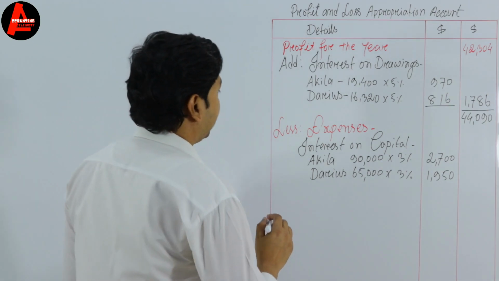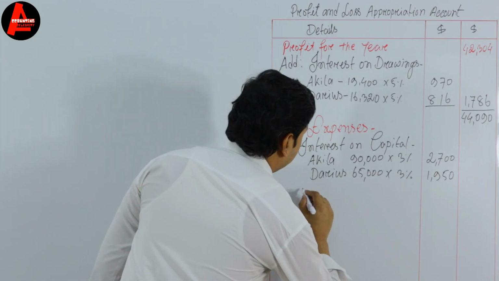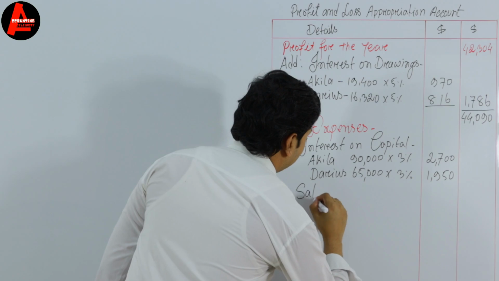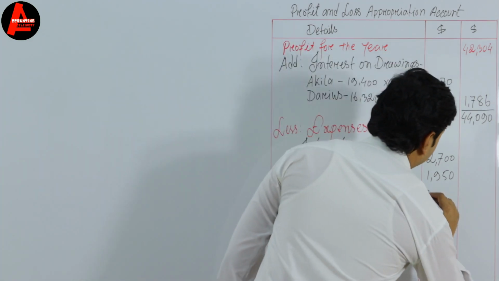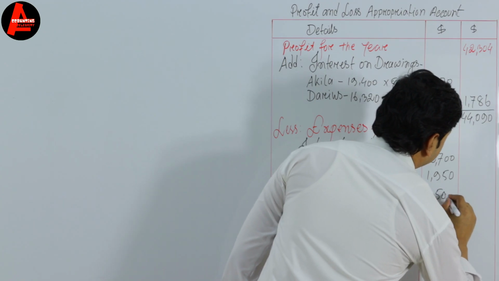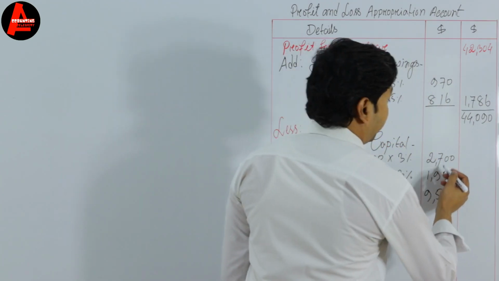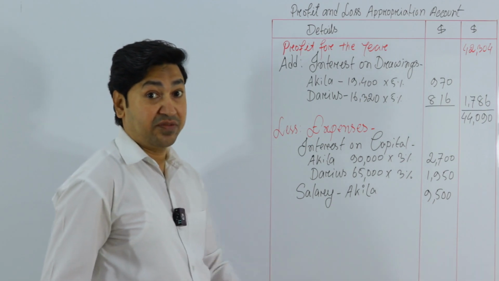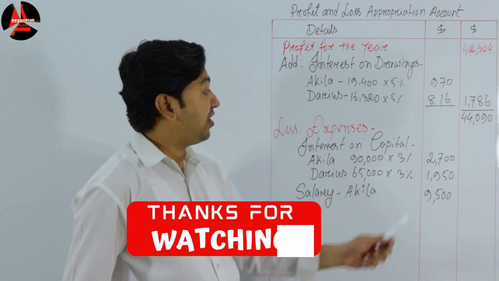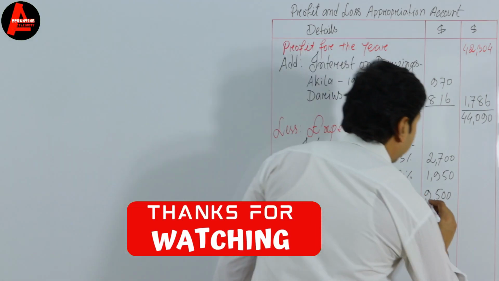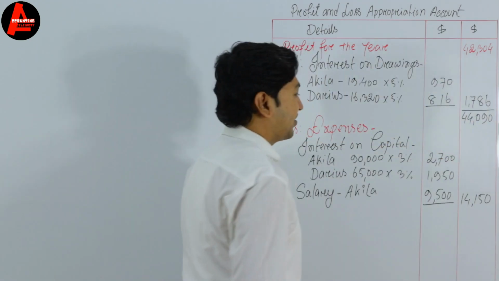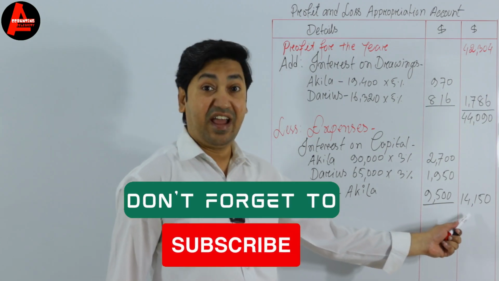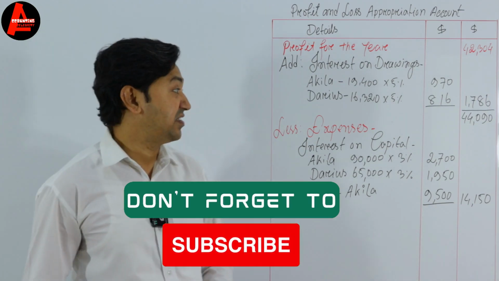So we write here salary to Aquila, $9,500 per year. If we add these three amounts, as we have no more expenses, we get $14,150. This is the total expense for this partnership business.